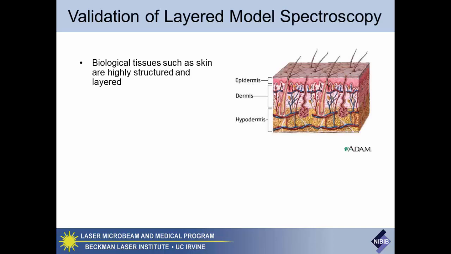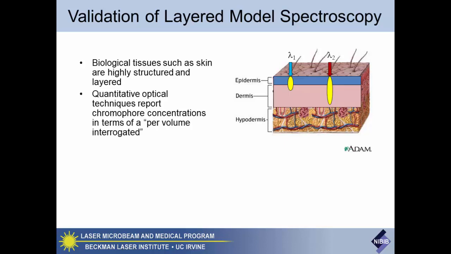All right. And so the other application, and this is still a topic of ongoing work, is trying to validate layered models of tissue imaging. And that's something where standard inverse solutions, SDA models and all that, always assume homogeneous media. We know that skin is a very structured and layered tissue.